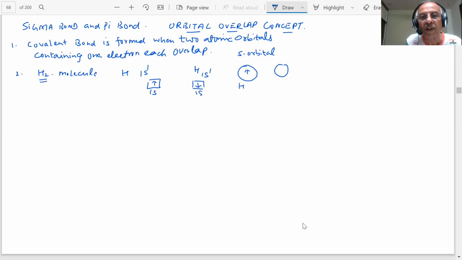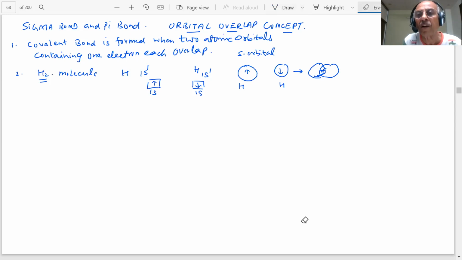This is one hydrogen atom, and this is another hydrogen atom, students. This also has one electron, and they will overlap. There is an overlap of these two atomic orbitals. The result is this overlap, and the electrons get paired up. You can see the electrons paired up, students. So this is an overlap of 1s and 1s.